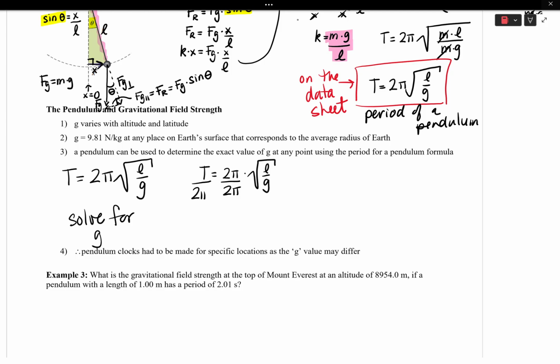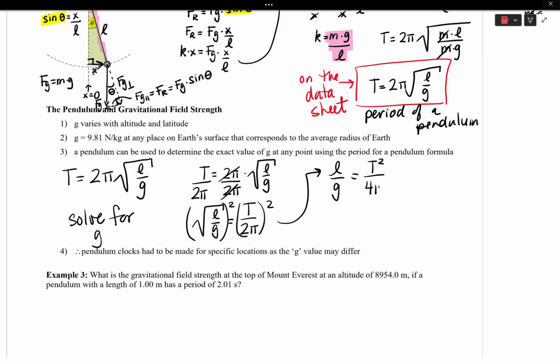So divide both sides by 2 pi. On the right, it's going to cancel. So now we're left with the square root of L over G is equal to T over 2 pi. We are now going to get rid of the square root, so we're going to square both sides. So now that's going to become L over G is equal to the period squared over 4 pi squared.